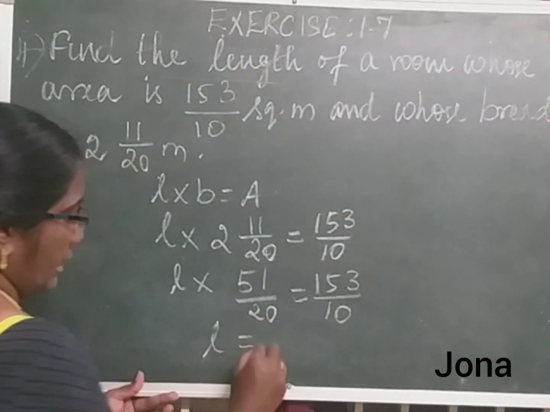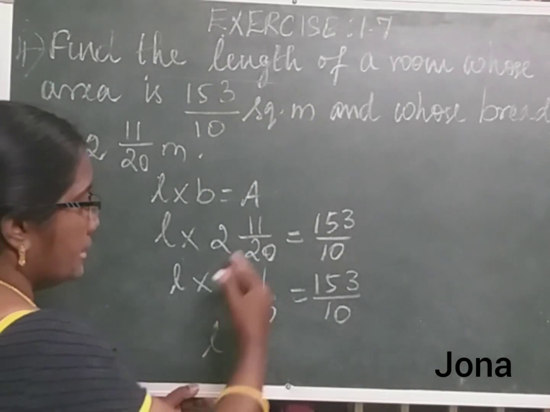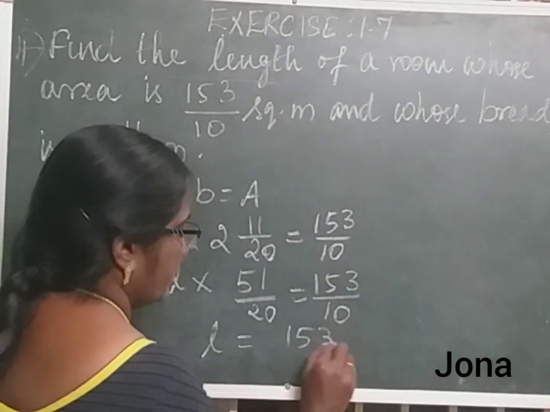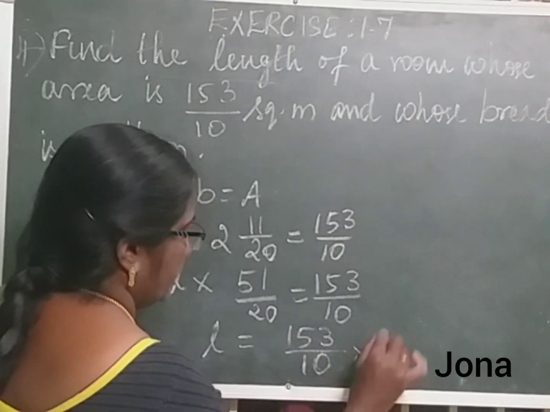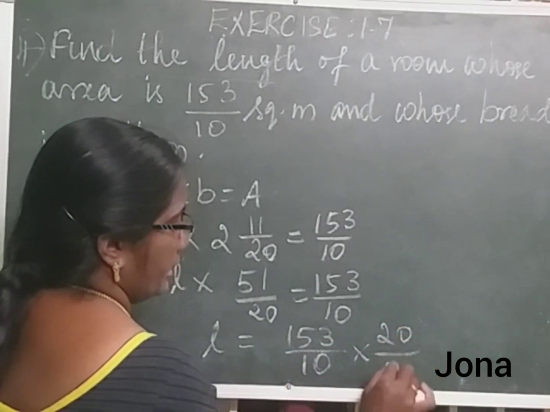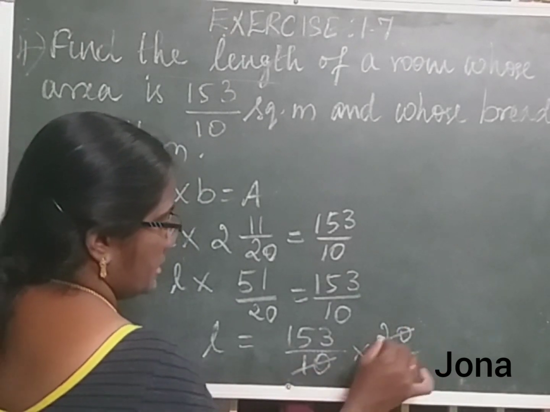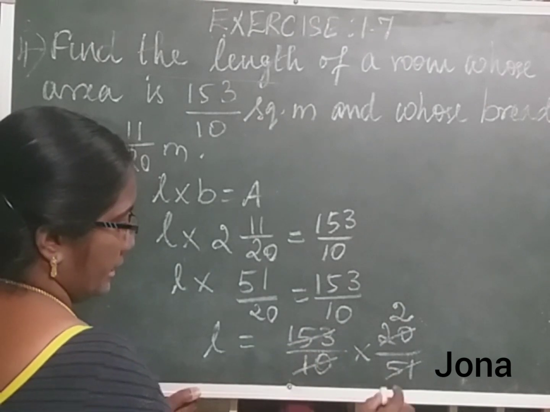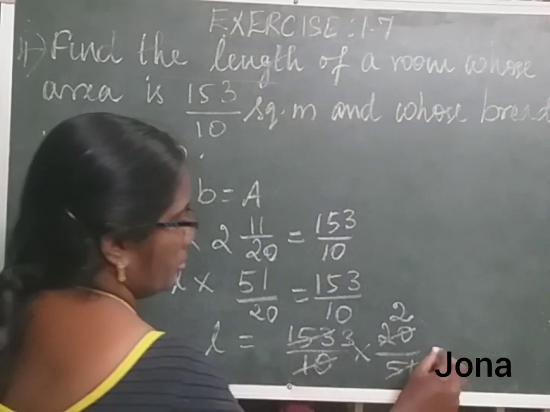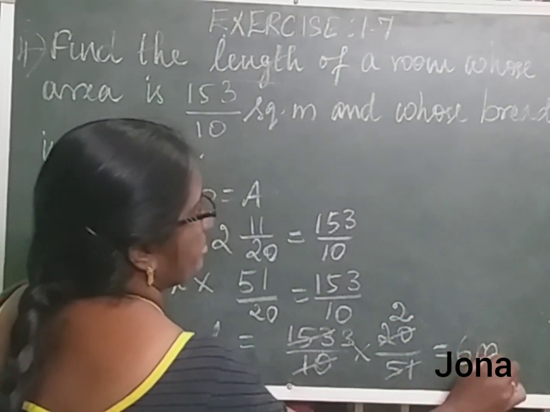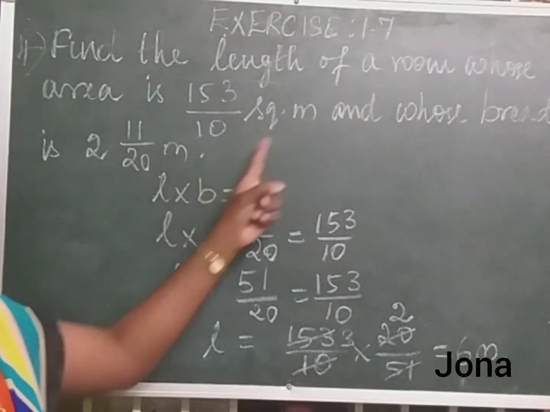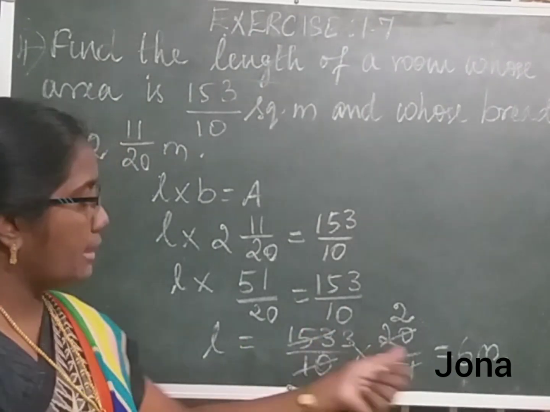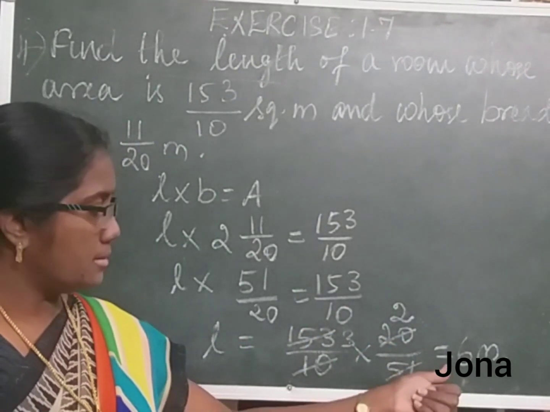I want to find the value of L. So keep L here and take this to the other side as the reciprocal: 153/100 into 20/51. So I can cancel, it will be 5 times there, and here 3 times. So 6/5... the length L is 3 into 2, which is 6. Here the area is given in square meter, so it will be meter only. So the length of the rectangle is 6 meter.